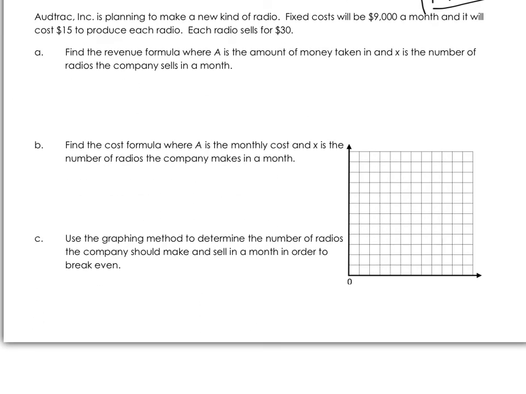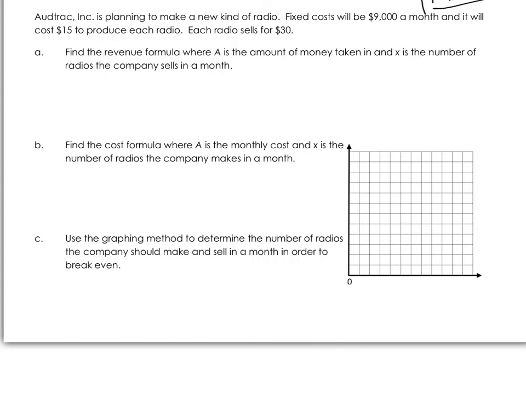Odd Track Incorporated is planning to make a new kind of radio. Fixed cost will be $9,000 a month, and it will cost $15 to produce each radio. Each radio sells for about $30. Find the revenue formula, where A is the amount of money taken in, and X is the number of radios the company sells in a month.